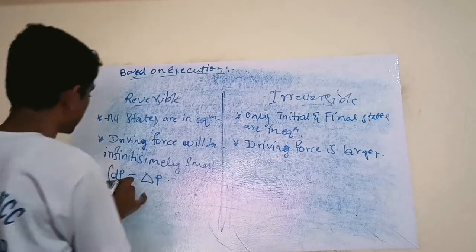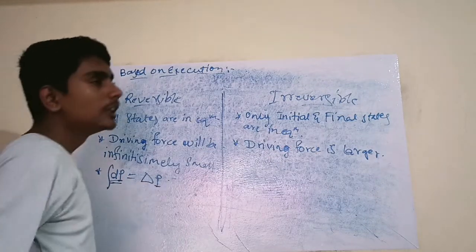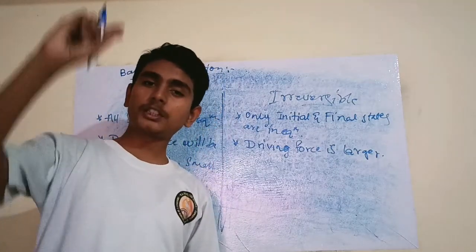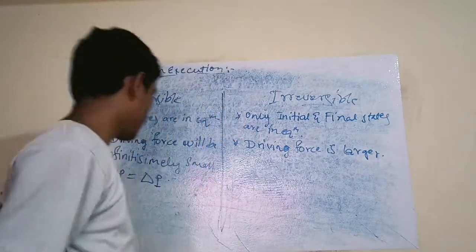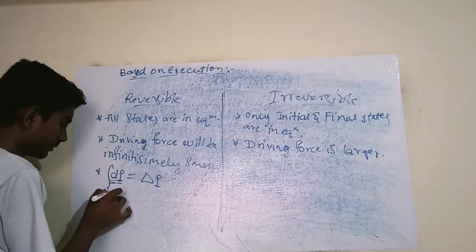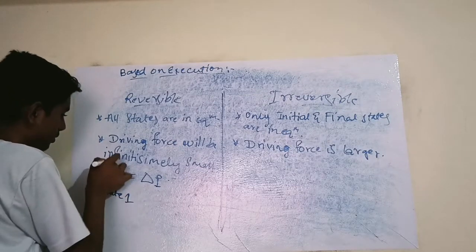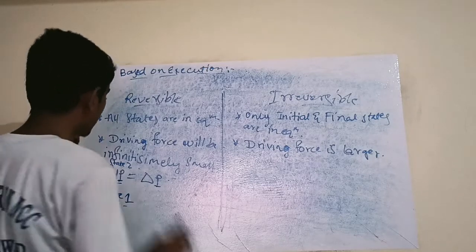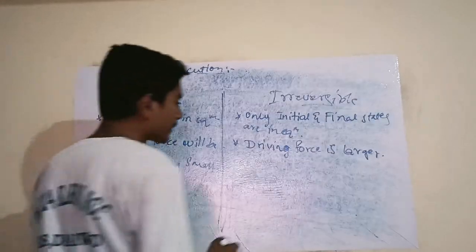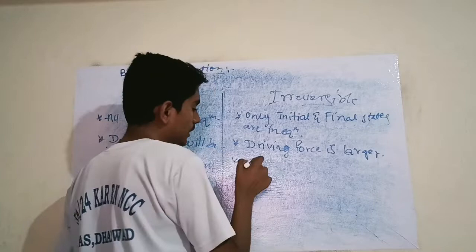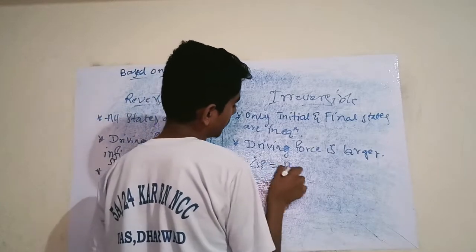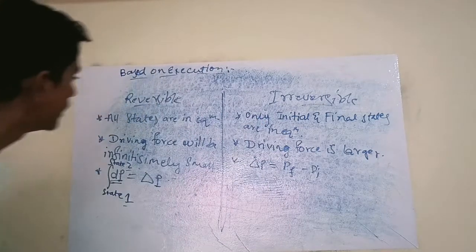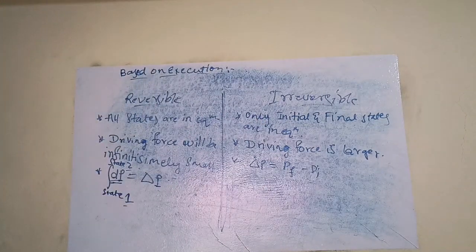If you take pressure as the example of a state function, then the total change in pressure will be the integration of all small changes from state 1 to state 2. If you consider the initial state as state 1 and the final state as state 2, the change in pressure will be equal to pressure final minus pressure initial. Simple, no? If you want, you can write it down, otherwise you can leave.